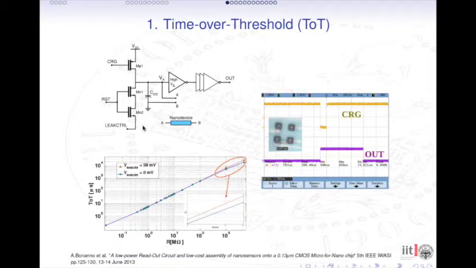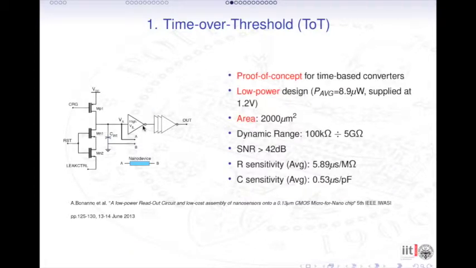And the performance of the circuit show that this approach can be used for nanosensor interface. In particular, a low power design can be achieved, only about 9 microwatt of power consumption.